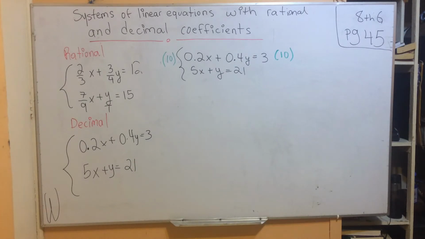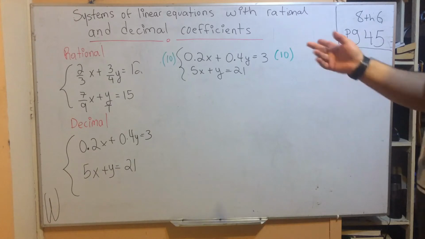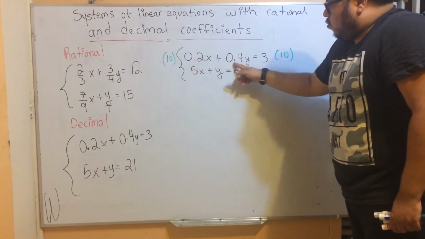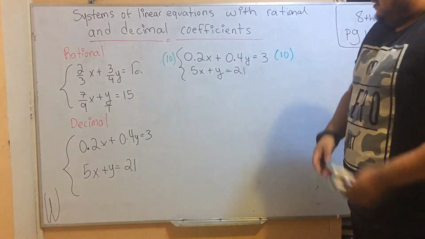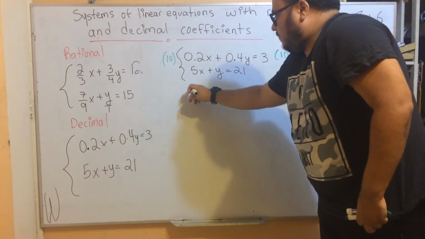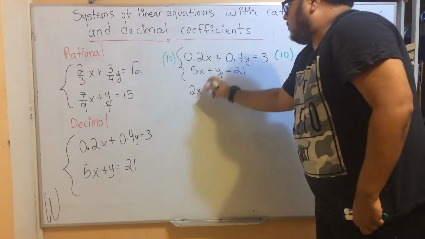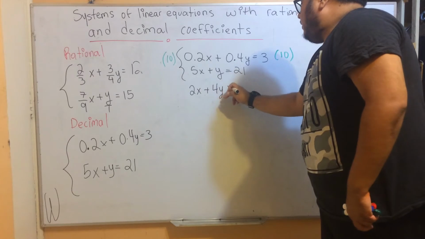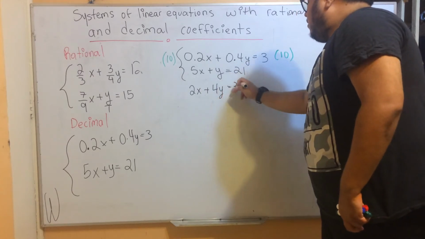So first thing we do is multiply by 10 so that we can move the decimal point one spot to the right. Instead of having 0.2x, now we're going to have 2x plus 4y equals 30.